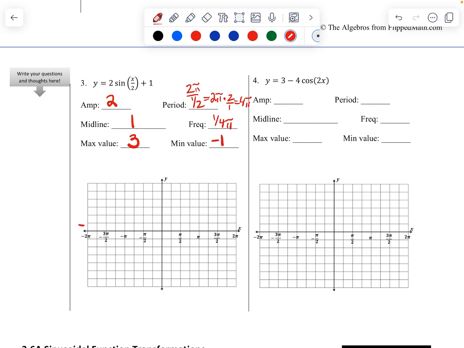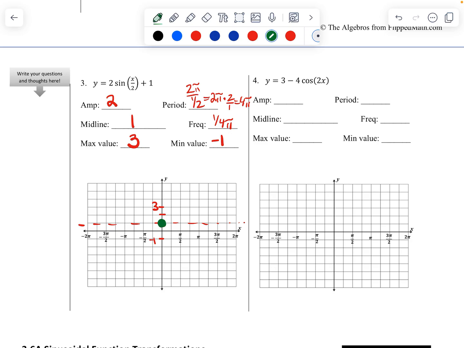So what I'm going to do is I'm going to dash in our midline. And then I know it goes up to 3 and down to negative 1. So this is a sine. So sine is going to now start at our midline at the center. And our period's 4 pi. So this one, again, it's kind of tricky because it has to go through a full cycle at 4 pi.